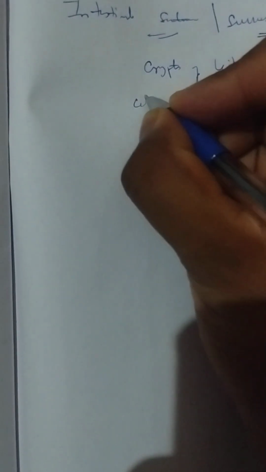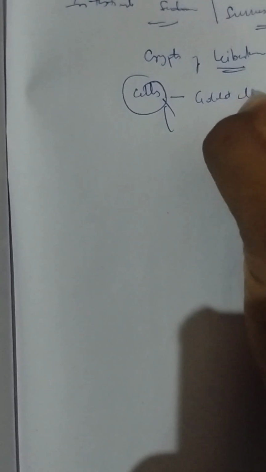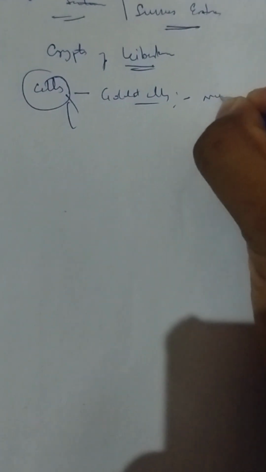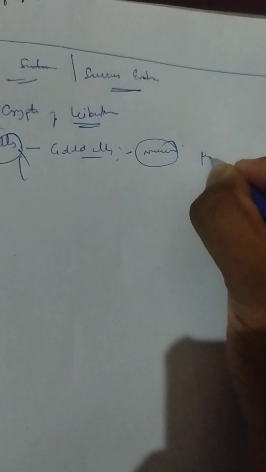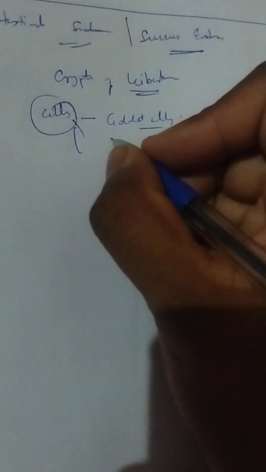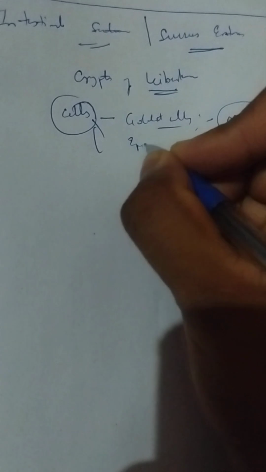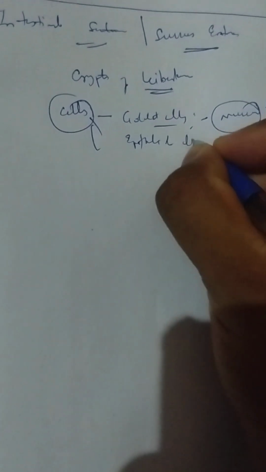We have goblet cells, which produce mucus for protection, and we have epithelial cells. These are the source of intestinal secretions.